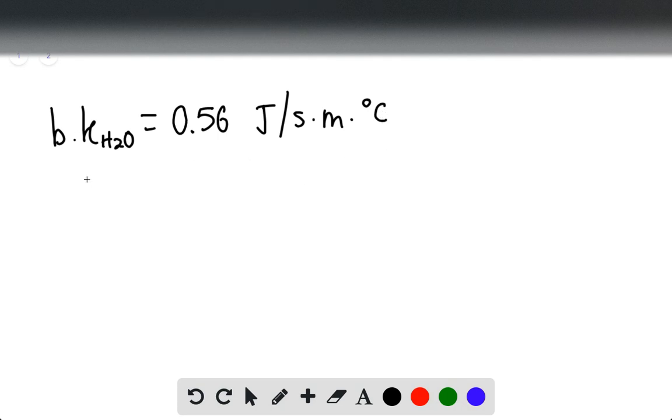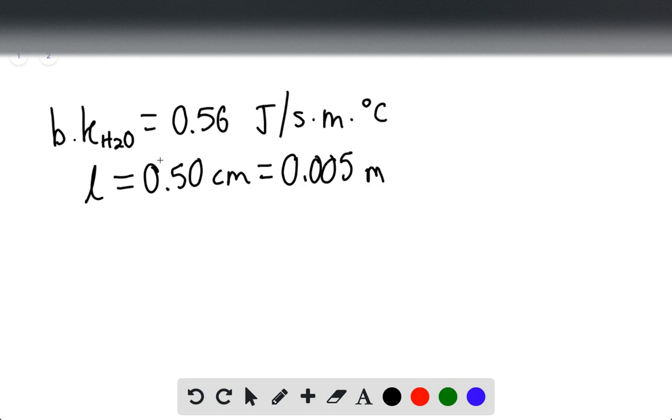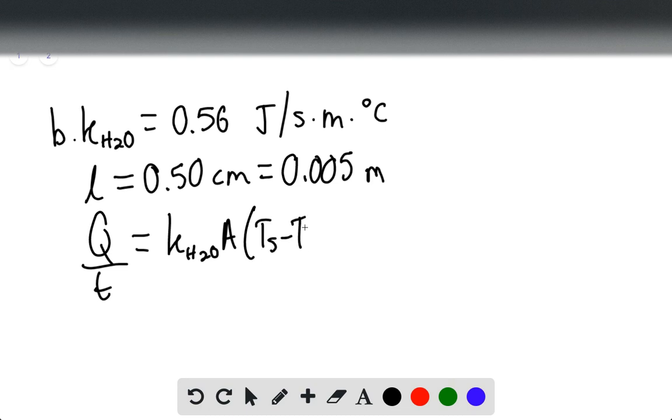We'll see. The length is going to be decreased now from 3.5 centimeters to 0.50 centimeters, so this will be 0.005 meters. So for part B, for the rate of heat flow, we'll have Q over T, and this is going to be the thermal conductivity of water times the surface area, T sub S minus T sub C, all divided by L. It's going to be the exact same numbers except for the thermal conductivity and the thickness.